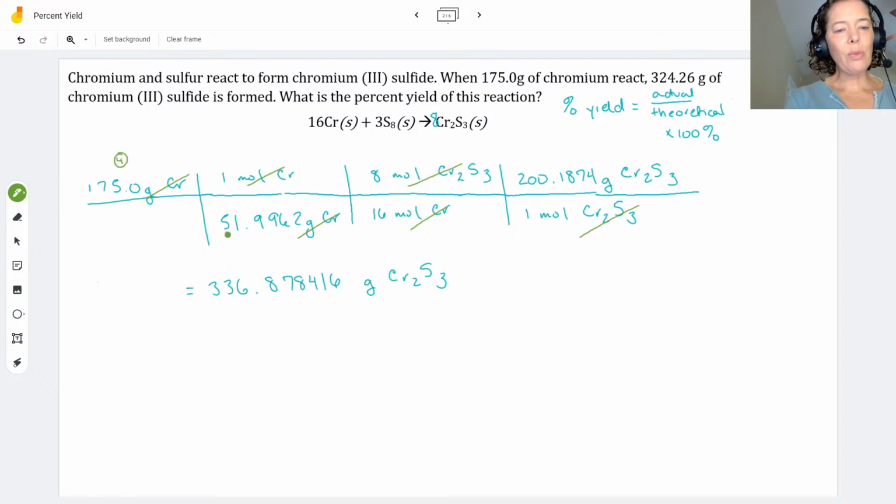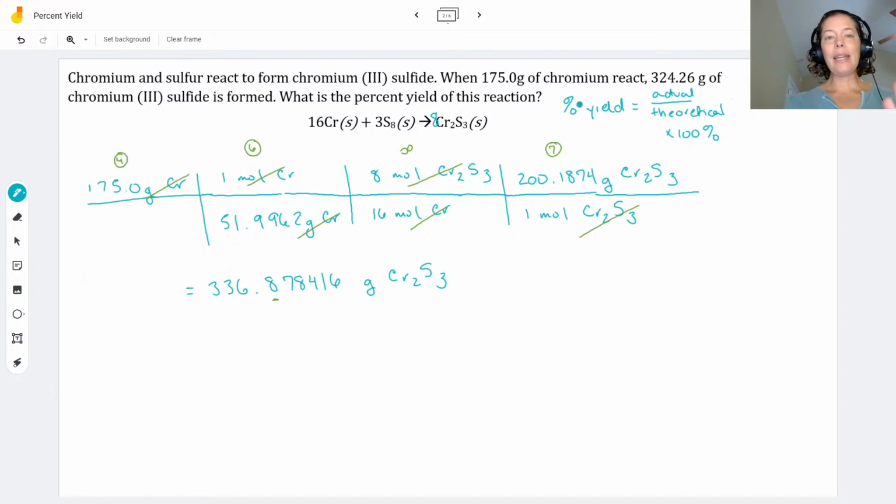My molar mass has 1, 2, 3, 4, 5, 6 sig figs. Of course, my mole ratio has an infinite number, and this molar mass has 1, 2, 3, 4, 5, 6, 7 sig figs. Okay, so it looks like my 175 grams of chromium is going to limit me. Specifically, it's going to limit me to 4 sig figs. So that means I'm going to be rounding at that 8 right there. Again, I'm not going to actually round it. I just put my mark in because I am not finished with my calculation.